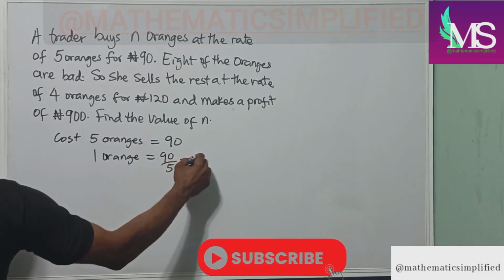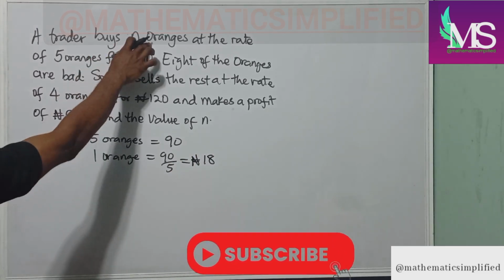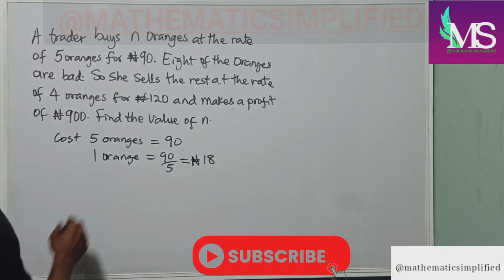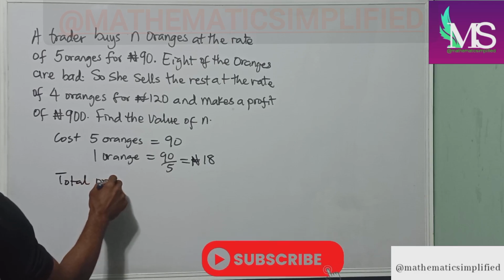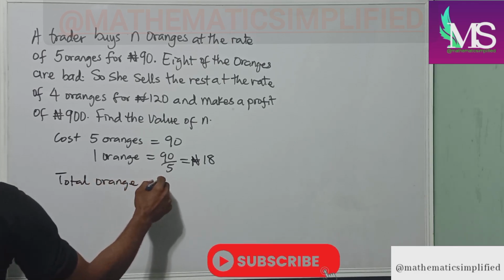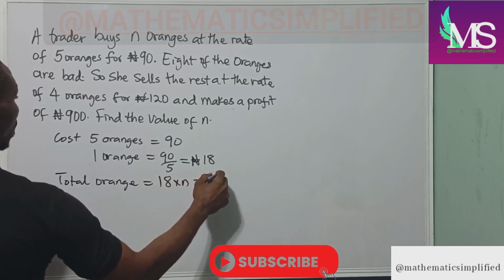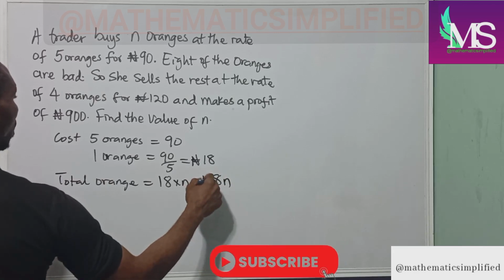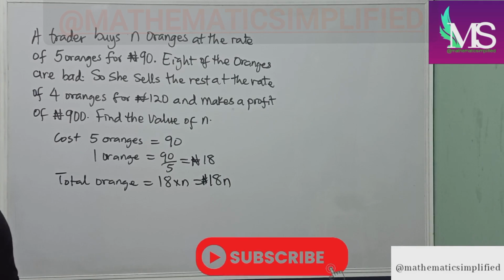Okay, so 1 orange costs 18 naira. And she bought a total of n oranges. So total cost equals 18 times n, which gives 18n. Okay, that's the total cost of the oranges.